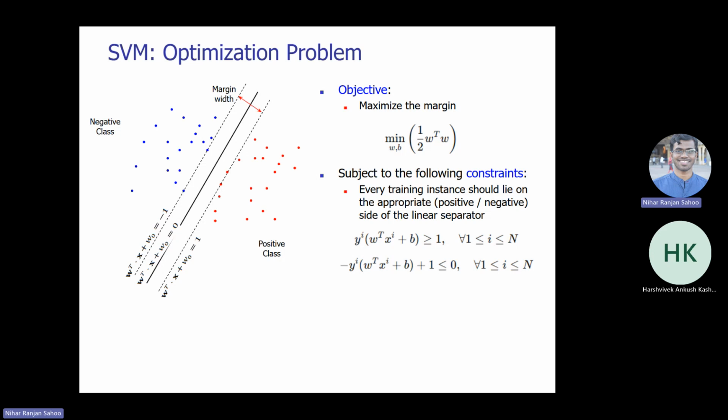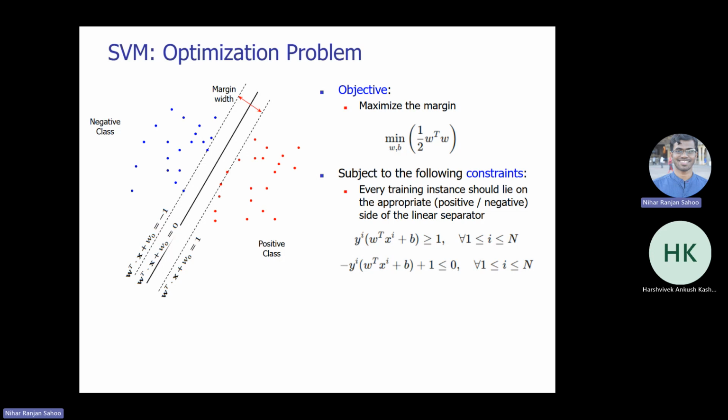So what are the constraints? For the positive class, W transpose X plus B should be greater than or equal to 1. For the negative class, W transpose X plus B will be less than or equal to -1.